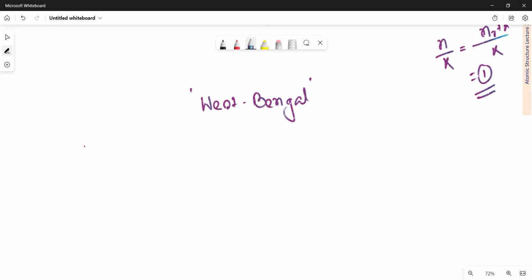You can start it from India also. Now, this India is your N, principal quantum number. This West Bengal is the state inside India, that is your azimuthal quantum number or L. Now, from West Bengal, you have told that my Thana, my police station, is Ghatal.